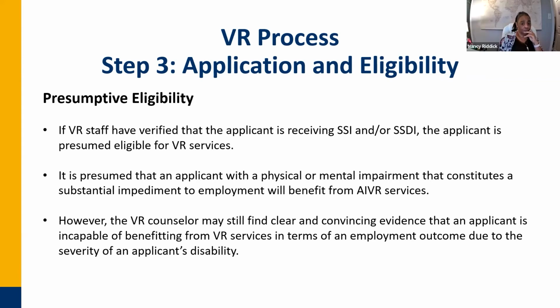Because this is one area where you want to be extremely careful if you determine an individual ineligible for services. And I'll go ahead and pick up with the next slide, Nancy.